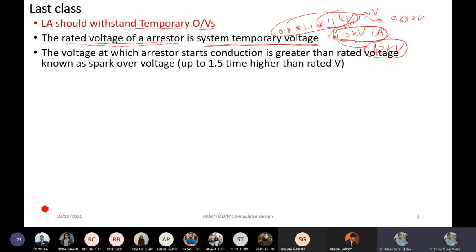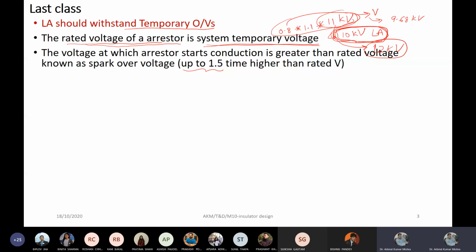Then we also discussed that since the lightning arrestor should withstand the temporary over voltage, what does it mean? That it should not start conducting for a voltage equivalent to its own rating. It must start conducting at something above that voltage, and that voltage may be up to 1.5 times.